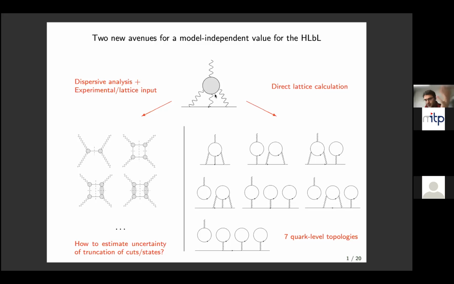If you were to try to do a dispersive analysis of this, you again look at projections to fixed intermediate states, but you can see that this is much more complicated. Even getting the organization of this right is a challenge. Once you have the organization right, you need to worry about how you actually get the form factors for these individual vertices. And here, experiments play a huge role.